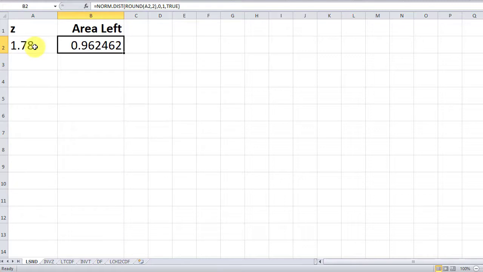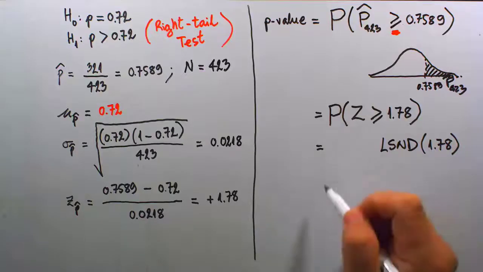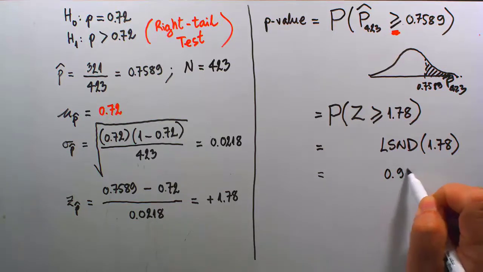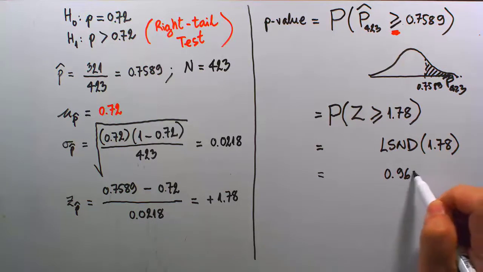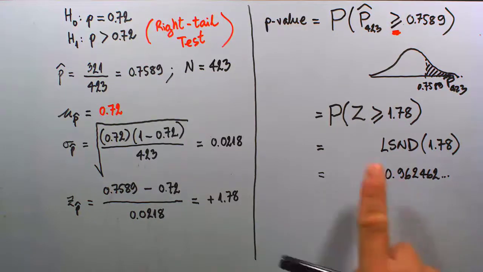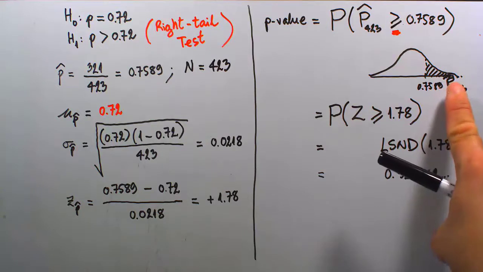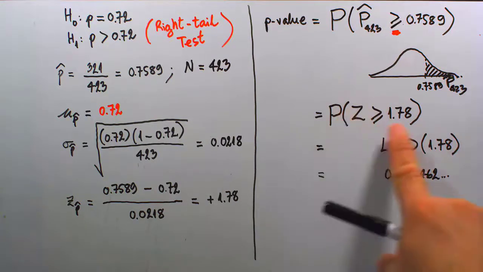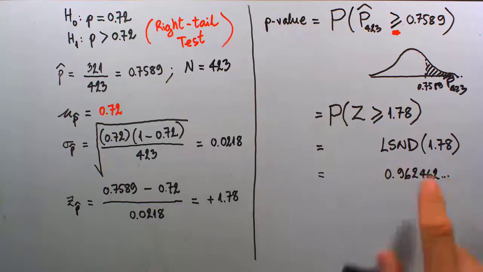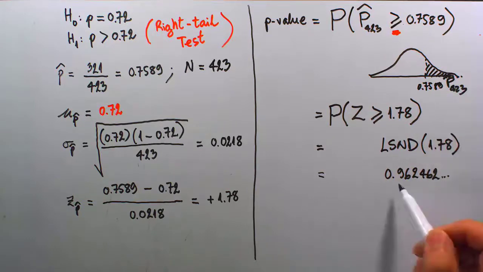Now the area left given by the LS&D program is 0.962462 and a lot longer. But remind yourself, as the picture indicates, the area that we're looking for in this probability problem, the p-value, is a right tail shaded area. So this is not the correct answer yet.